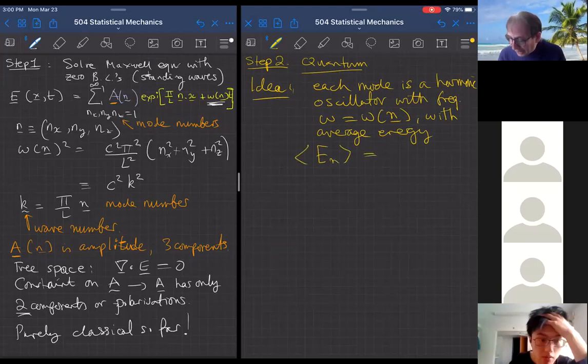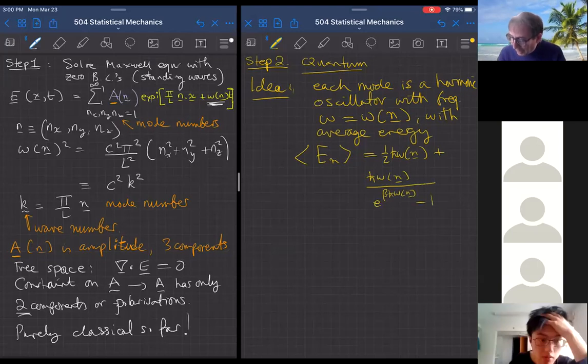And we know that the average energy is going to be 1/2 h bar omega, but now omega depends on what the mode itself is, plus the thermal part, h bar omega of n over e to the beta h bar omega of n minus 1.